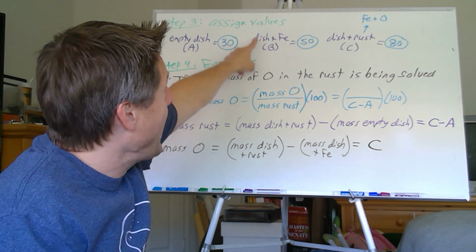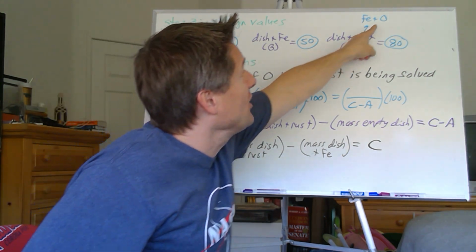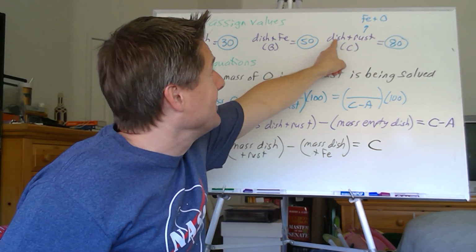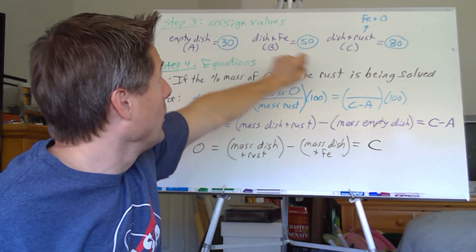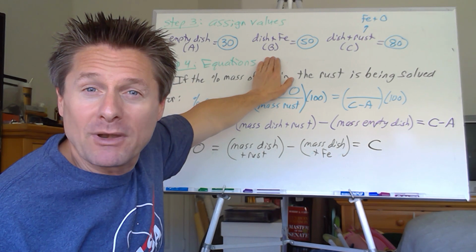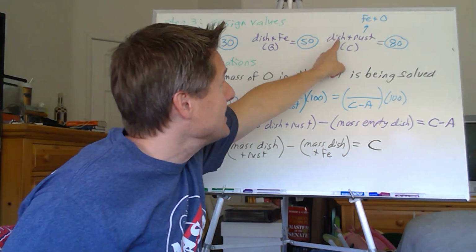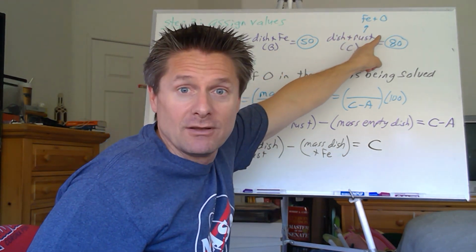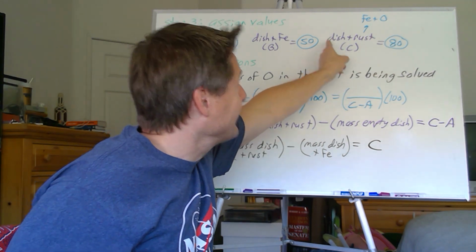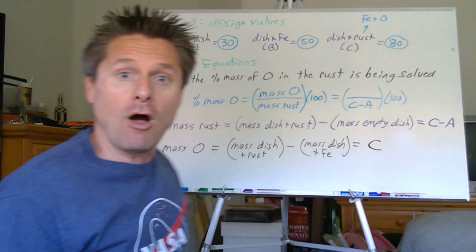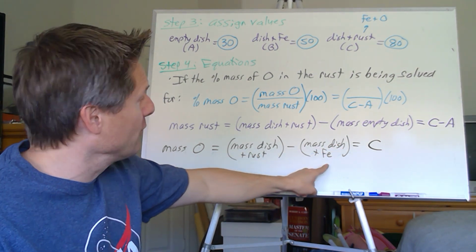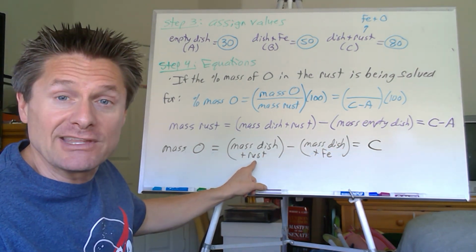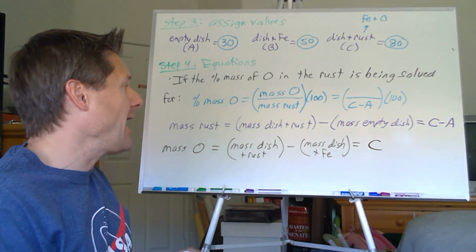If we want just the oxygen, we've got to get rid of the empty evaporating dish and the iron. We have the mass of the empty evaporating dish and the iron. So if we take dish plus iron plus oxygen, which is the rust, and subtract the dish plus the iron, we're left with the oxygen. So if we subtract the mass of the dish plus the iron from the mass of the dish plus the rust, we're left with oxygen.